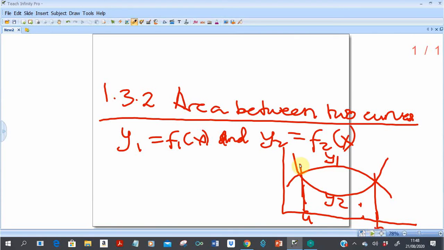So these are the points where the two curves meet, and there as well.